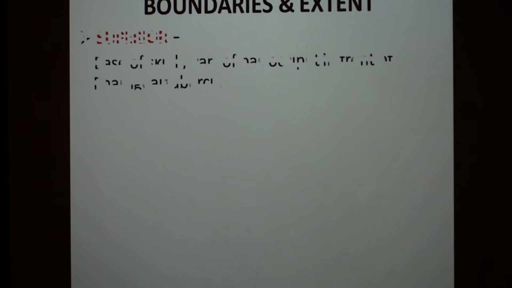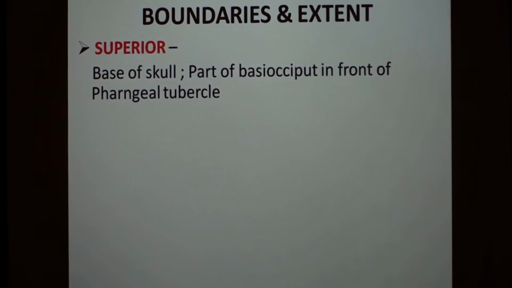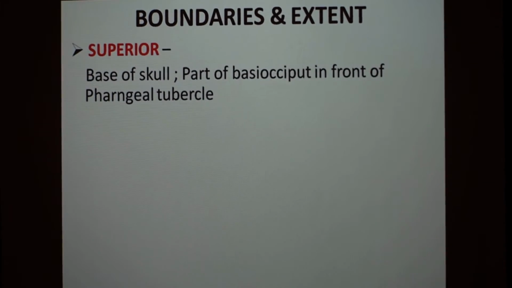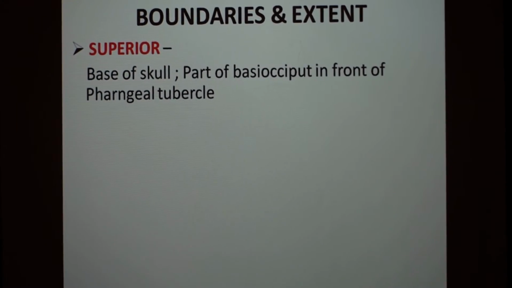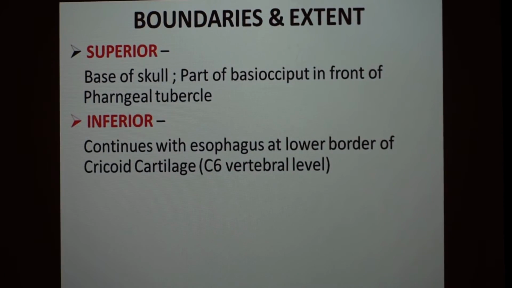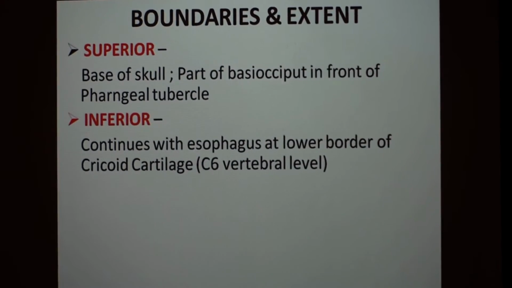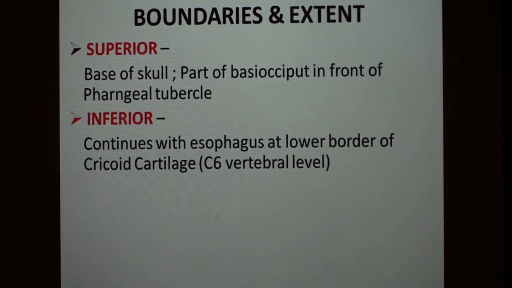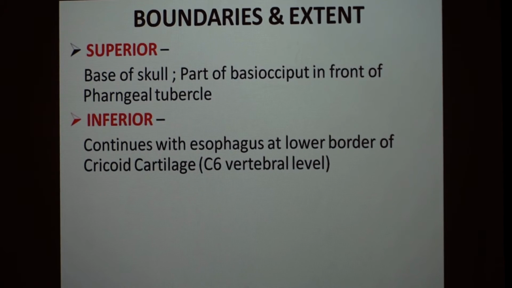Now coming to the boundaries, as you have already seen, the superior boundary is formed by the base of the skull and the part of the basi-occiput which is in front of the pharyngeal tubercle. At the lower extent, it continues with the esophagus at the lower border of the cricoid cartilage, or at the level of the C6, cervical sixth vertebral level.